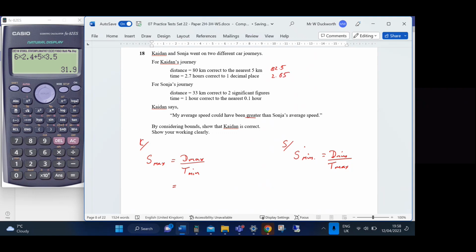For Sonia's journey, correct to 2 significant figures, the minimum it could be would be 32.5. And if the time is 1 hour correct to the nearest 0.1 of an hour, the most that it could be would be 1.05.